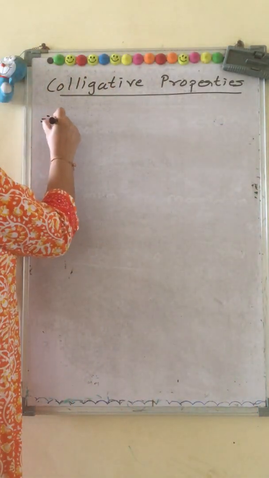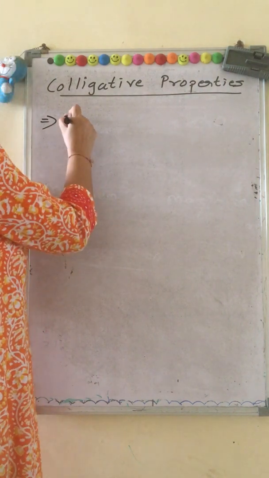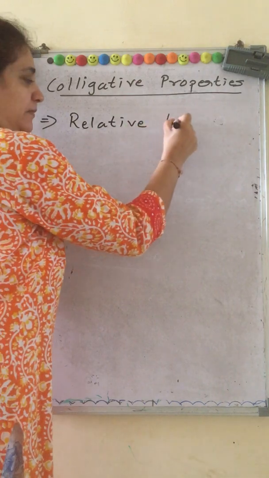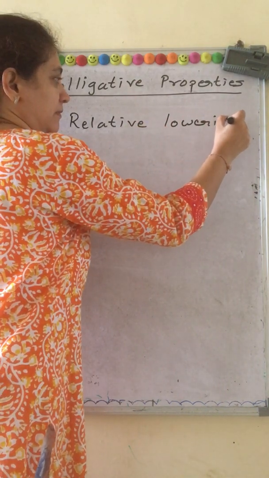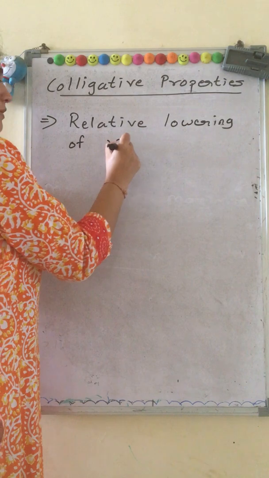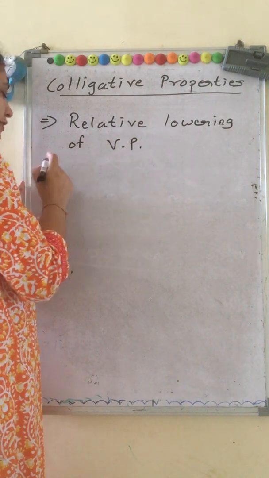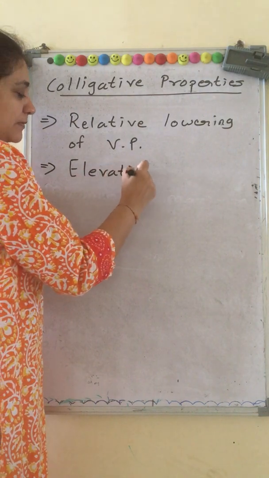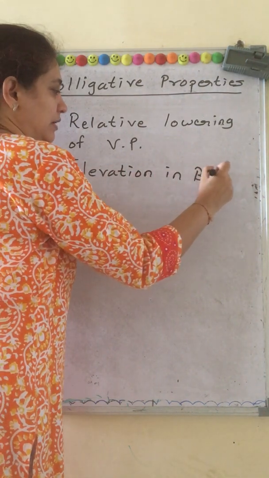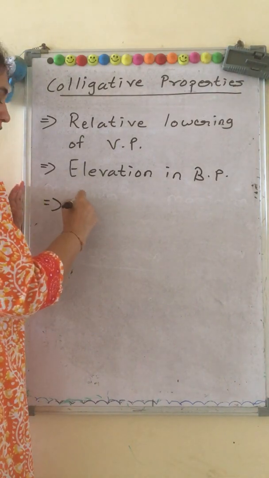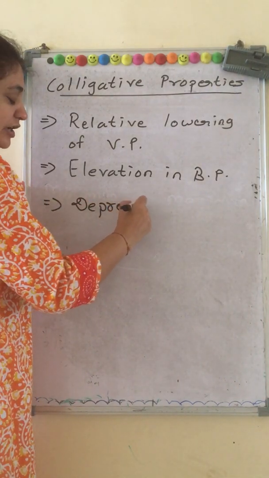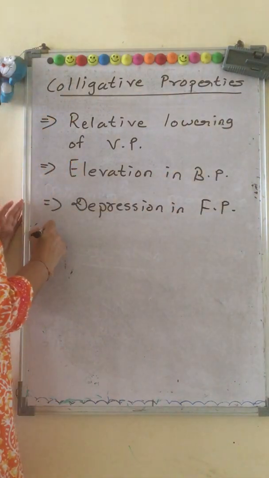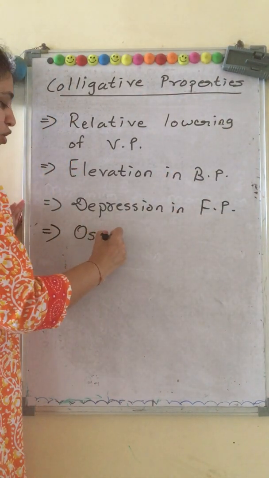We have to study 4 colligative properties, that is relative lowering of vapor pressure, elevation in boiling point, depression in freezing point, and osmotic pressure.